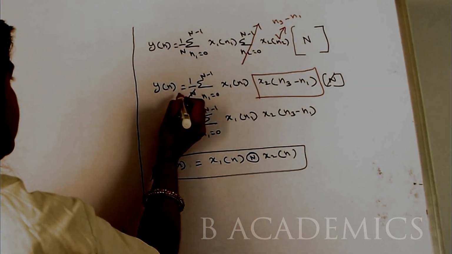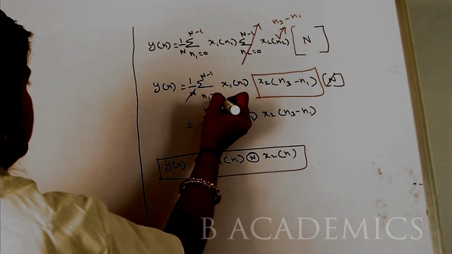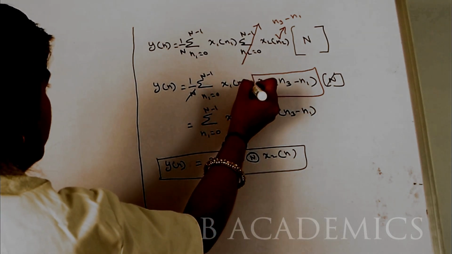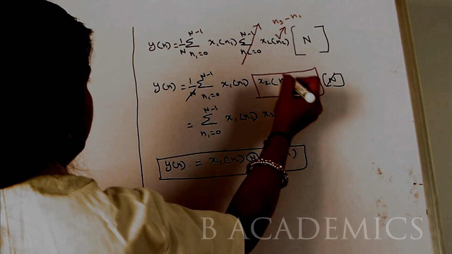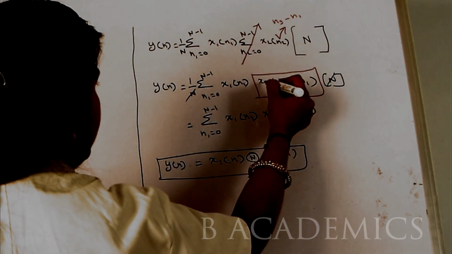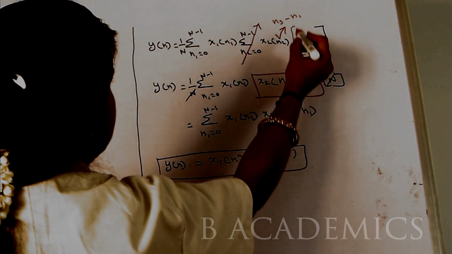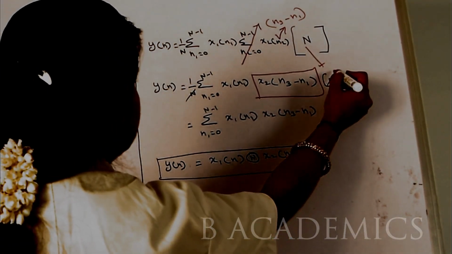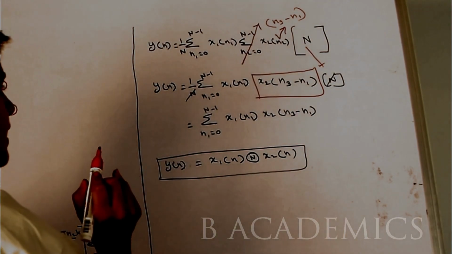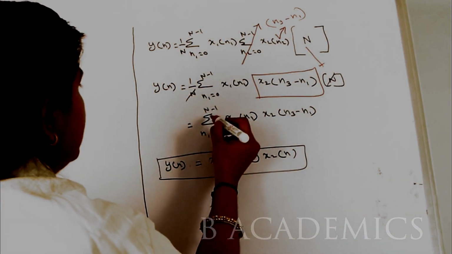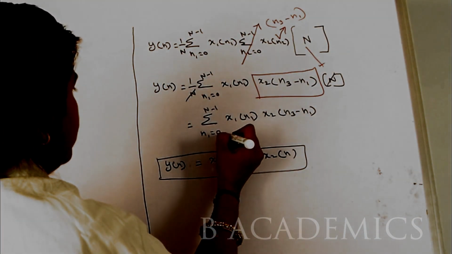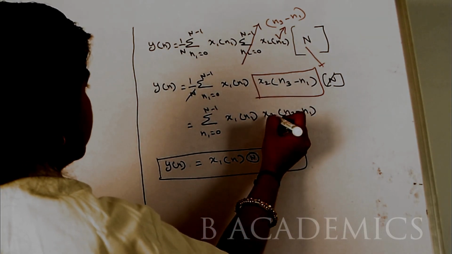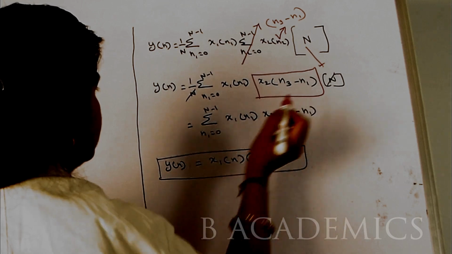y of n is equal to 1 by N summation n1 equal to 0 to N minus 1 x1 of n1 x2 of, ignoring this limit, x2 of n3 minus n1 into N. So this N and N will get cancelled. The remaining term is summation n1 equal to 0 to N minus 1 x1 of n1 into x2 of n3 minus n1.